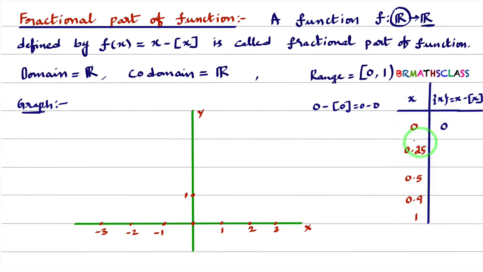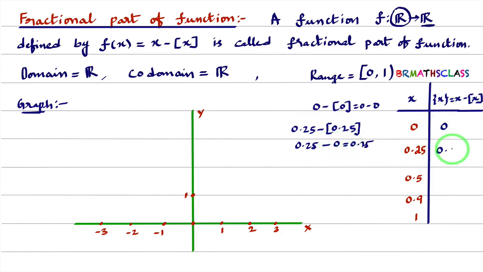Now, if we take x as 0.25, what is the fractional part of 0.25? It is 0.25 minus floor of 0.25. Floor of 0.25 is 0, so we get 0.25 only.